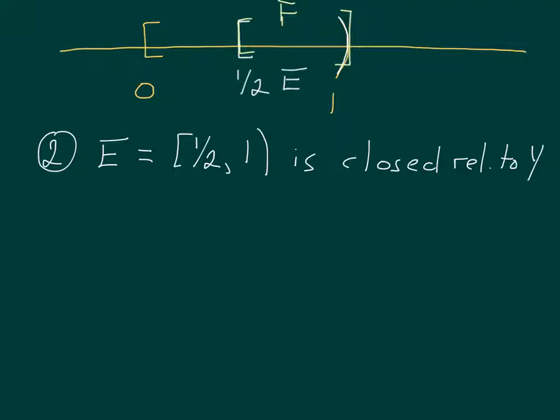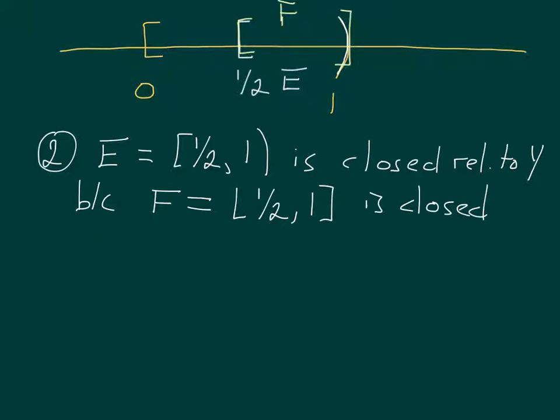So let's write that down. So E is closed relative to Y because the set F equal to 1/2 to 1 is closed in R. We're good at recognizing closed subsets of the real line now.